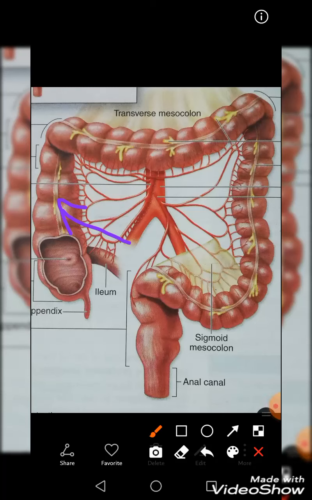They are present on the colon, and you see that these taenia coli are absent on the rectum. Another important gross feature is the presence of appendices epiploicae or omental appendages. What are they? They are basically made up of adipose tissue. So these are the things you observe at a glance in that picture of the large intestine.